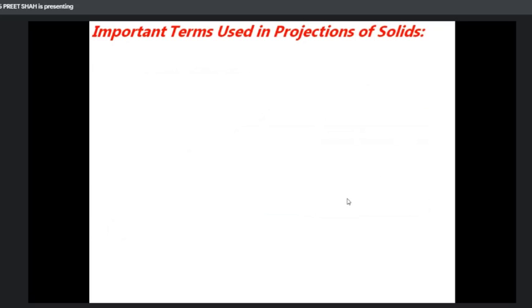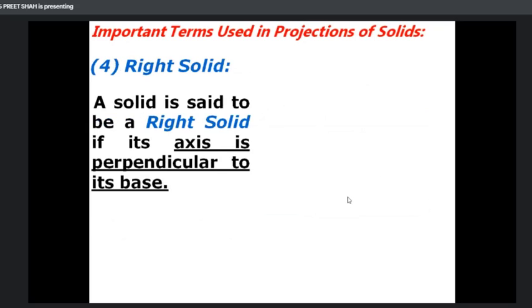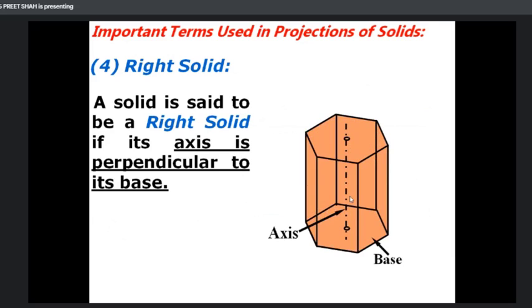Next, right solid. Now it is very important. What is the meaning of a right solid? You can see in this figure, I will give an example of a pentagonal prism. In a pentagonal prism, the base and axis are perpendicular to each other. A solid is said to be a right solid if its axis is perpendicular to its base.